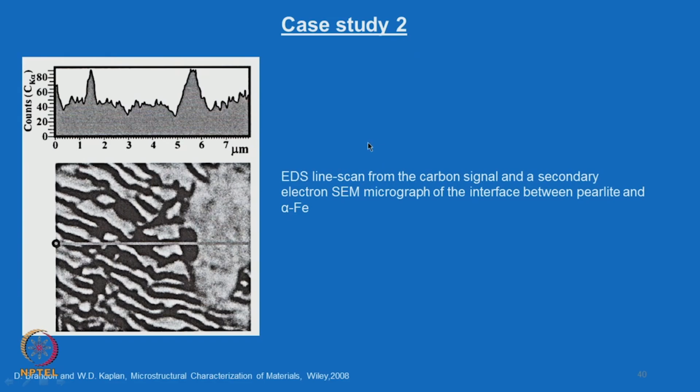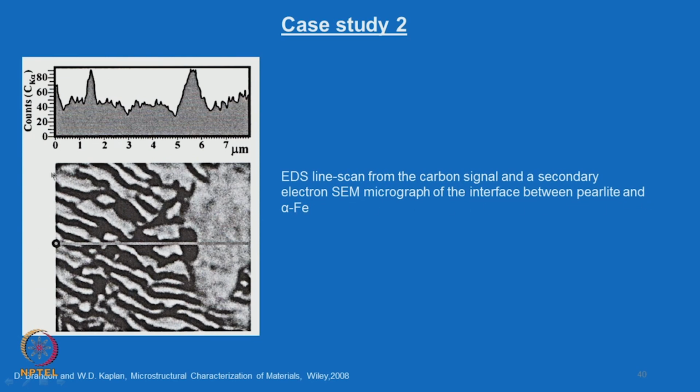See, the other example of this EDS analysis is shown here. This is an EDS line scan from a carbon signal and a secondary electron SEM micrograph of the interface between pearlite and alpha iron.